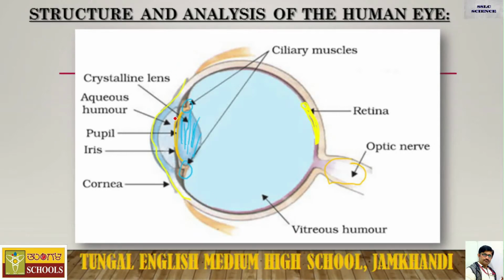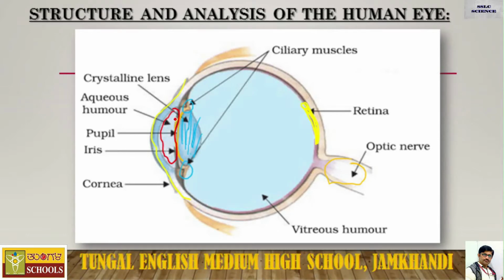This portion is nothing but aqueous humor, the semi-liquid, or you can just take it as a gel-like substance, which provides the necessary pressure to the eye as well as some nutrition to the eye lens and the other parts of the eye.